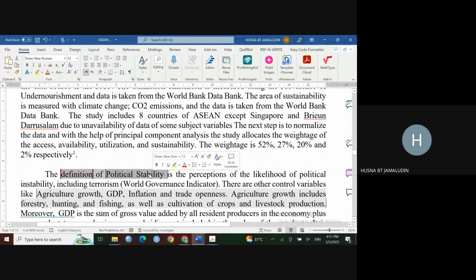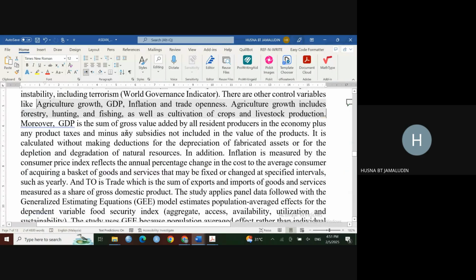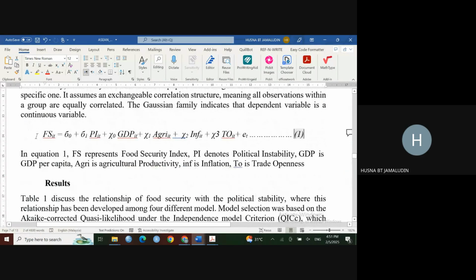So somehow the structure is here and there. When you give the variable, you should define it together with it. How do you measure it? And then here is the equation. So it's good if you have a proper standard structure: data and methods, number 3.0, data and method, 3.1, source of data or data source, and then you follow a proper structure so that people can follow your discussion.